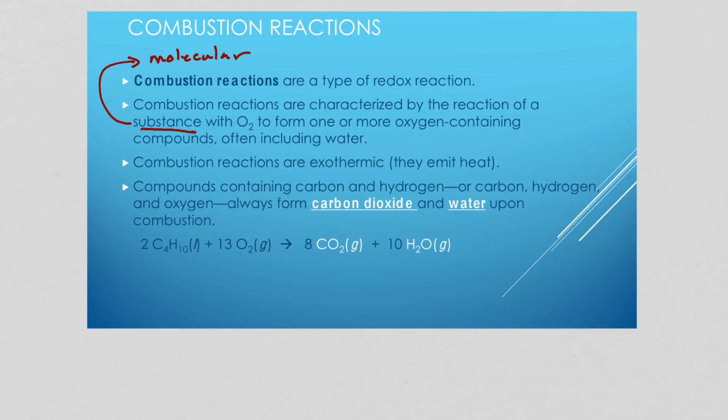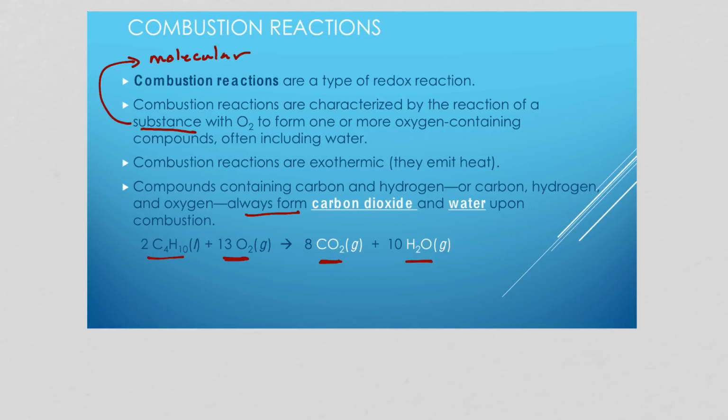Now, these are really nice because they're really easy to identify. The key is to look for a molecular compound, often containing carbon and hydrogen, sometimes oxygen, reacting with elemental oxygen to form oxygen-containing compounds. Even more specifically, they will always form carbon dioxide and water.